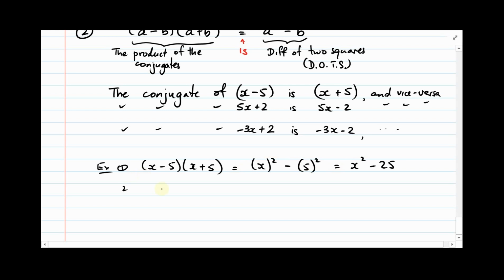Let's look at the next one. If I have 5x plus 2 and 5x minus 2, had it been plus 2, then that would have been a perfect square. So 5x minus 2 would be first term 5x all squared minus 2 all squared, which gives me 25x squared minus 4.